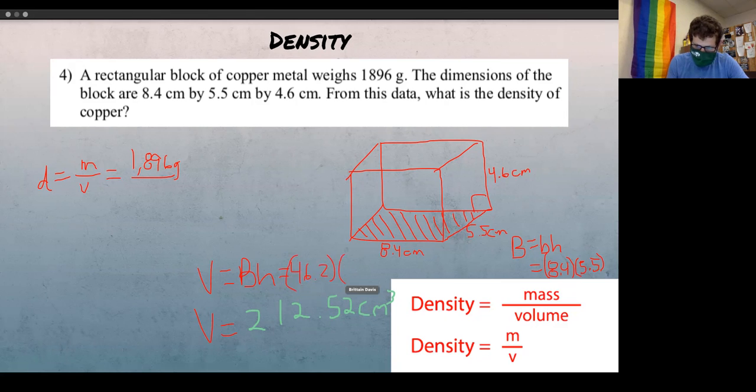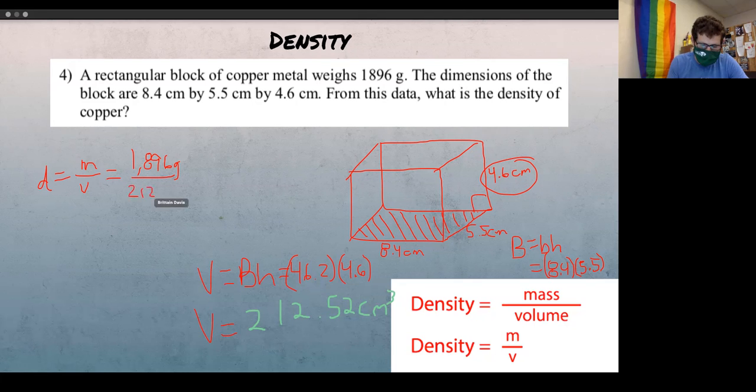Then I can multiply that by the height of our prism, which is this value right here. Remember, that's what's perpendicular to the base. So it's going to be 4.6. When you multiply out, you get 212.52. Now, I wouldn't recommend rounding to the tenths right here. If you have extra precision, go ahead and include it, because this is not our final answer yet.